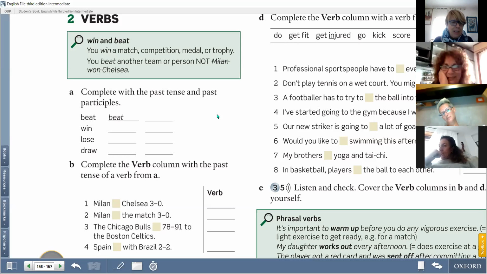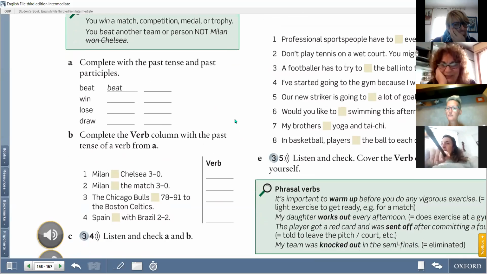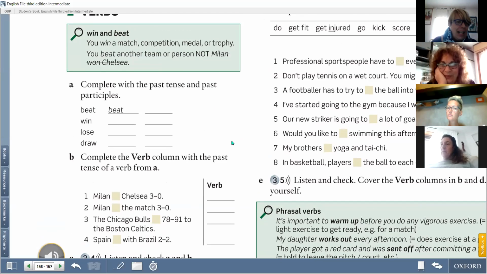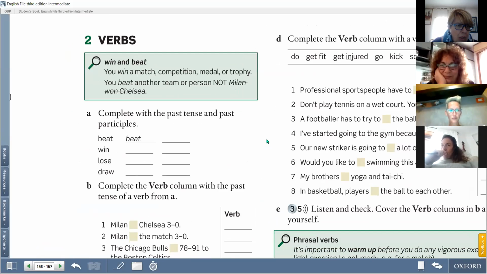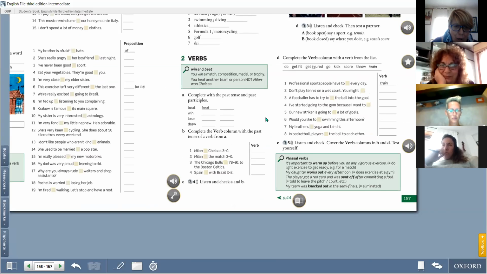Quindi vinco la partita è win. Battere una persona in una competizione è to beat. Ma anche la squadra, l'avversario, per cui tu lo batti ma non lo vinci. Vinci l'incontro, batti l'avversario. Esattamente, bravissime. Può sembrare quasi logico, ma non è così logico.